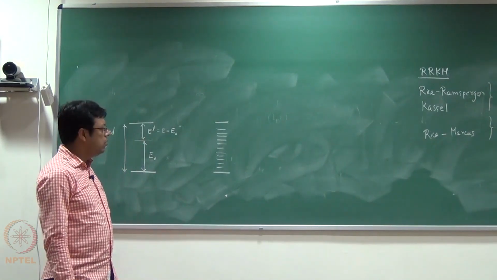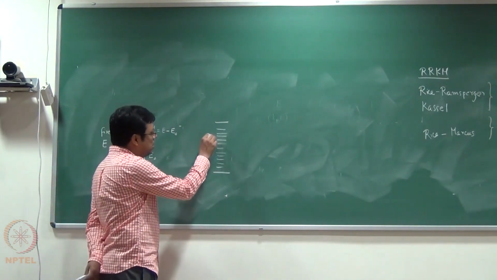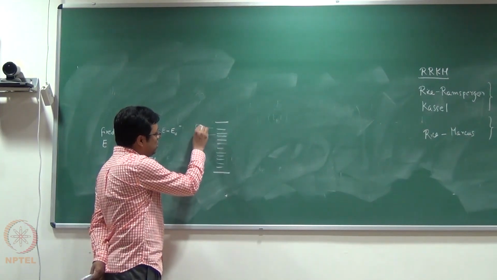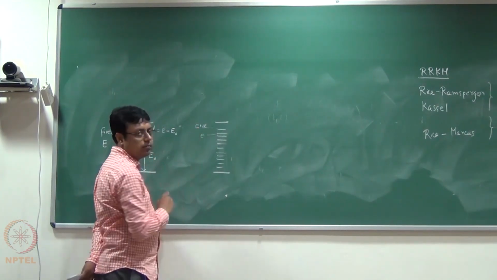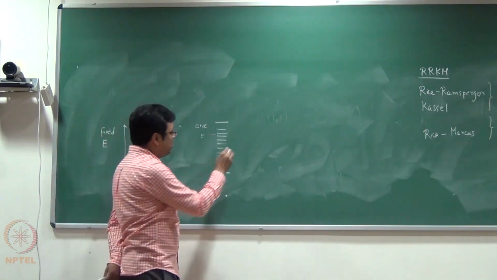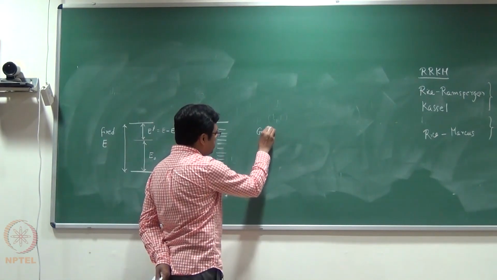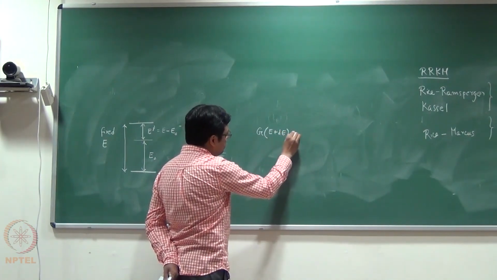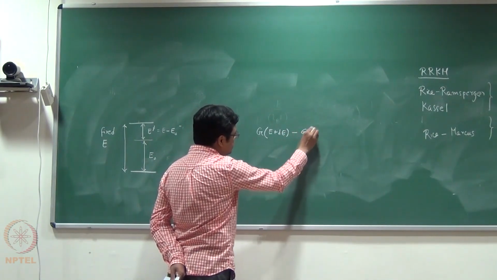Now I can calculate the number of states between, say, E to E plus dE. Clear? So that will basically be the number of states at E plus dE minus the number of states at E.